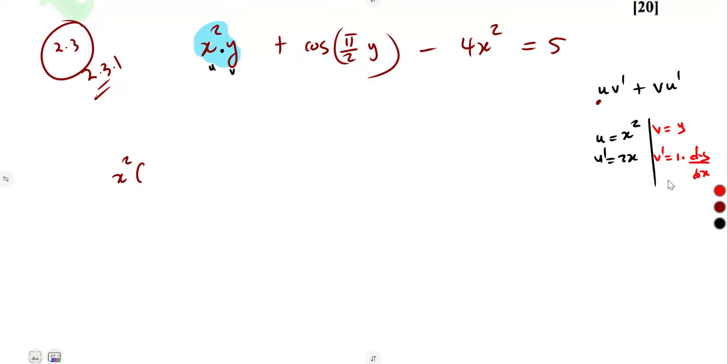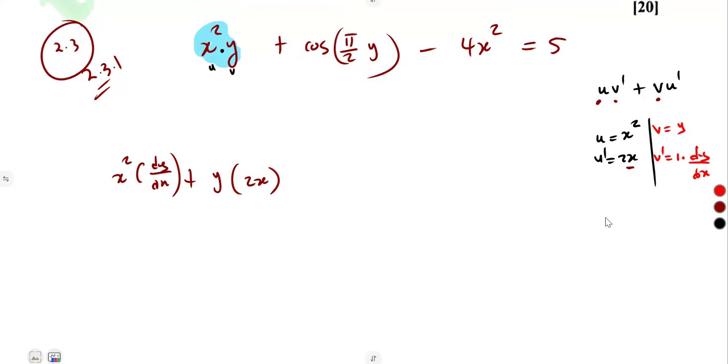From what we have, 1 times dy/dx is just dy/dx. All right, plus our v, which is y, times the derivative of u, which is 2x.